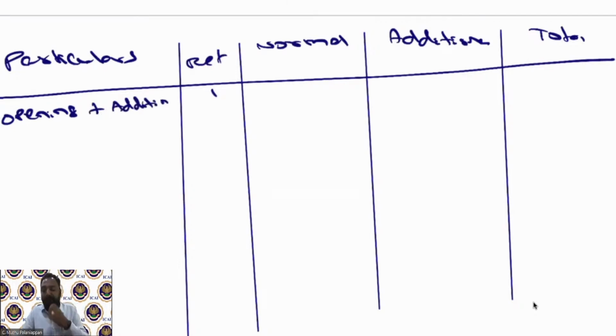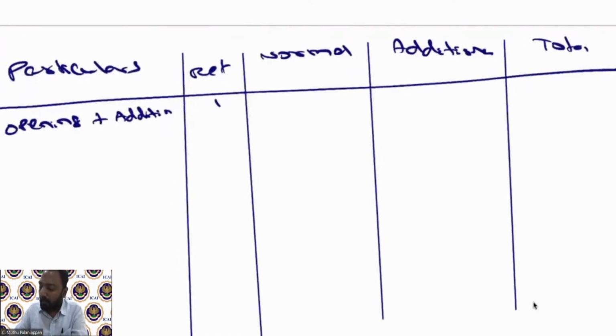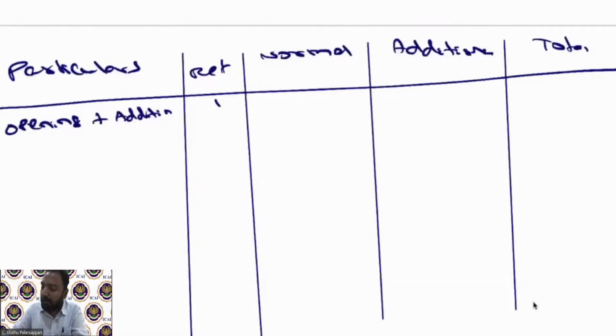So basically, when you calculate depreciation, you have 30 lakhs, right? 30 lakhs is opening. So you provide full year depreciation. 20 lakhs is purchased on 8th June 2022, which is more than 180 days. So this is also eligible for full depreciation. Which means on this 50 lakhs you will claim full depreciation, right?